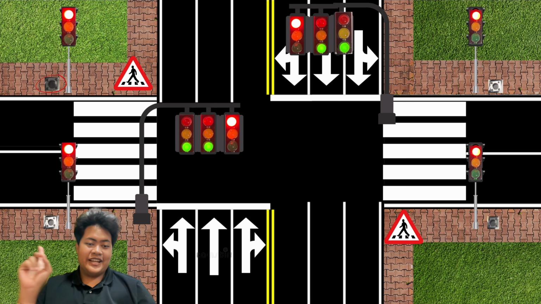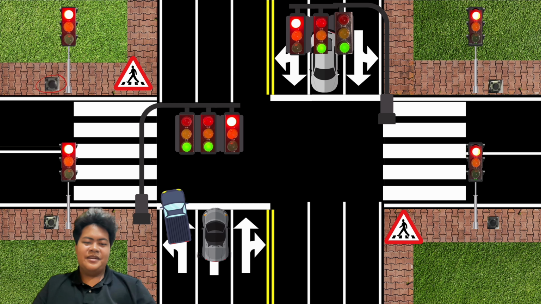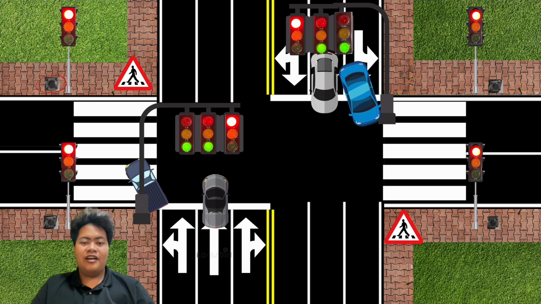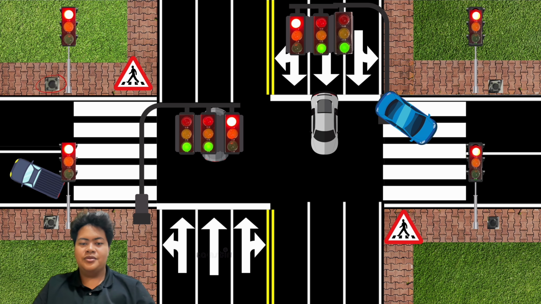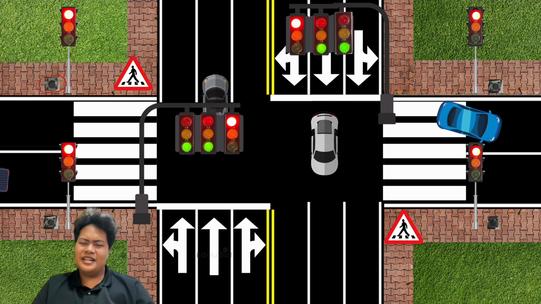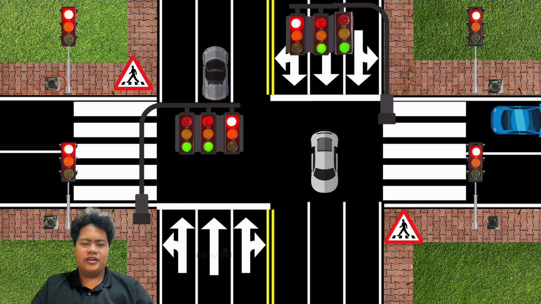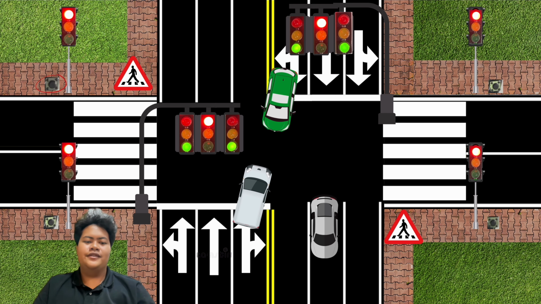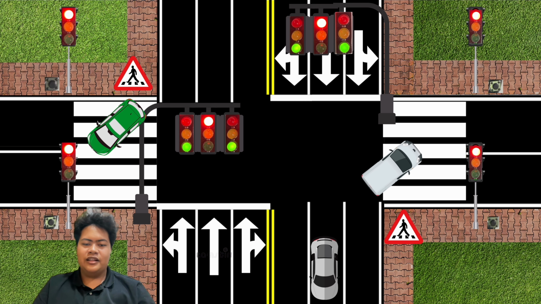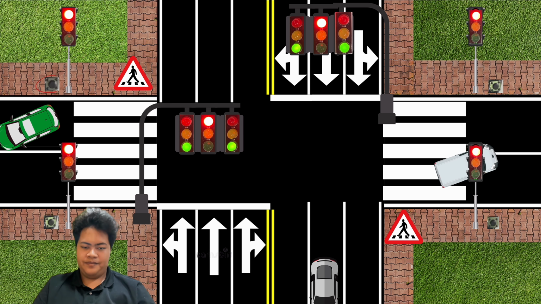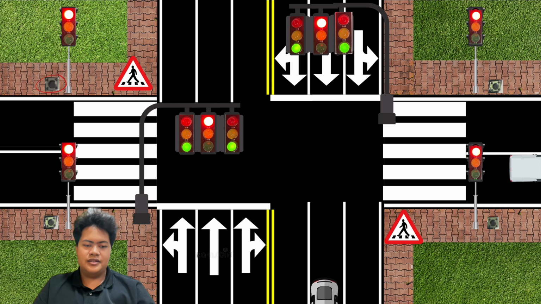Okay, let's see the third example. A pedestrian presses the button on the left side of the crosswalk. The Arduino detects the request through the interrupt. But just like before, it waits for the current vehicle cycle to finish. Once the cycle ends, left turn and right turn signals turn red, the straight signal remains green, and the pedestrian lights on the left side turn green, allowing pedestrians to cross.